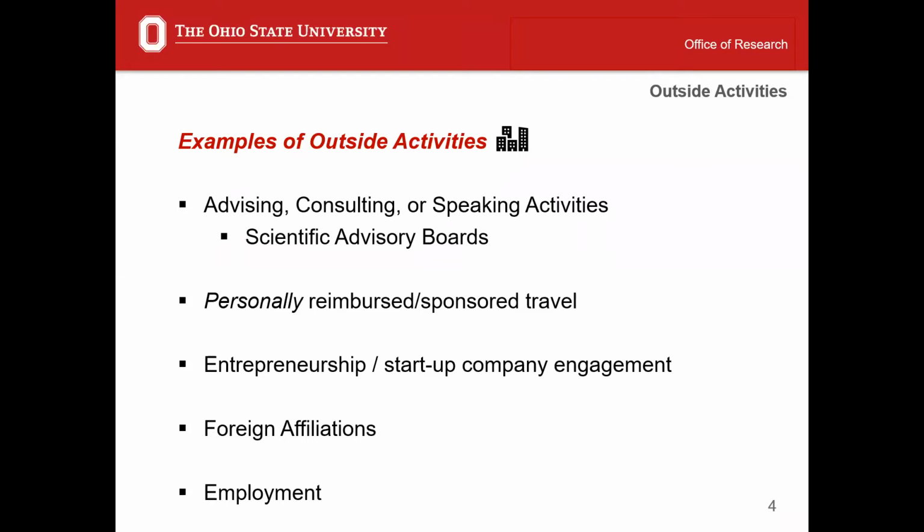So again, that would be a situation where the money goes in your pocket, or it's paid to you personally, as opposed to travel that you may do on OSU's dime or as part of a sponsored project at OSU. The other big category would be entrepreneurship and engagement of university faculty with startup companies. Also foreign affiliations, and then any other form of outside employment that you might have. So again, those are the outside activities.